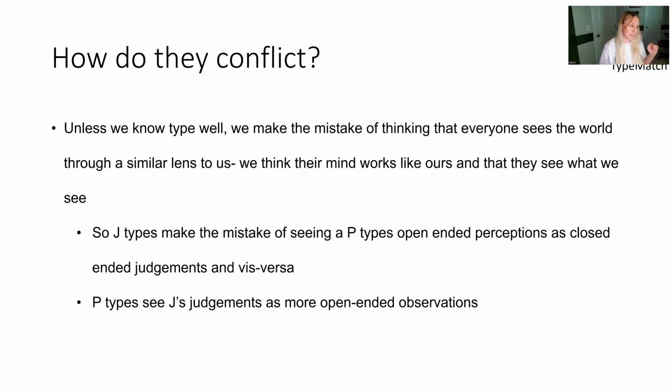It's really just something that I saw and commented on, but I didn't make a judgment on it. So that is a miscommunication that can happen between judgers and perceivers, where it's like, oh no, that's not what I meant. Or, why didn't you pay attention when I said this? I said that's what I meant. And I'm like, oh, I didn't know it was a thing.